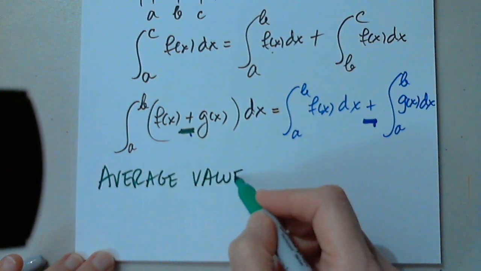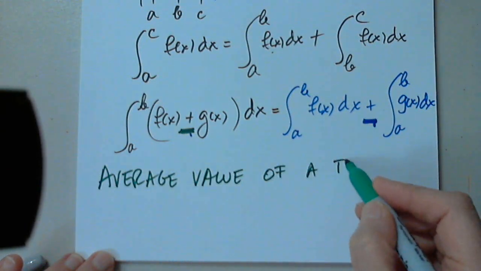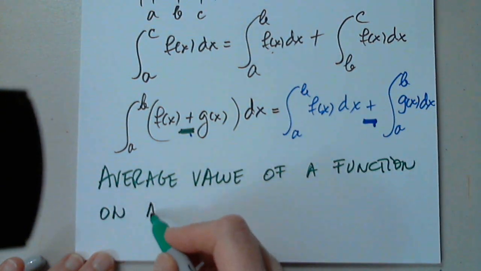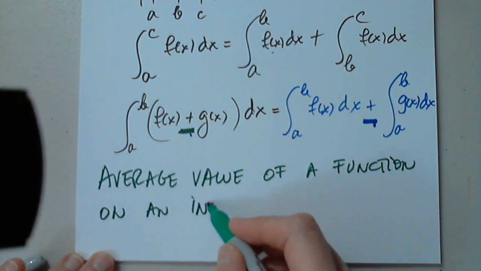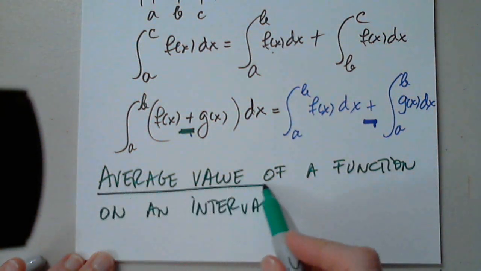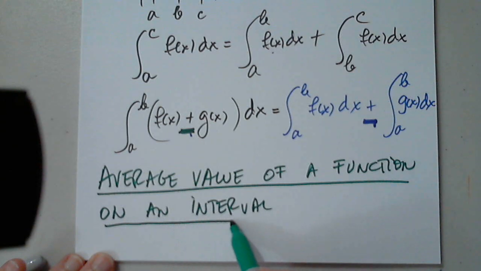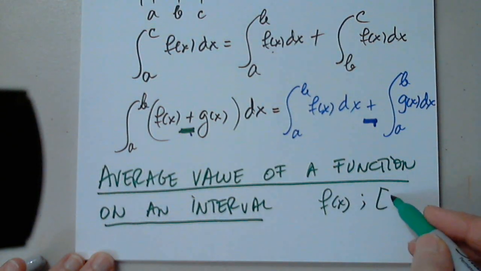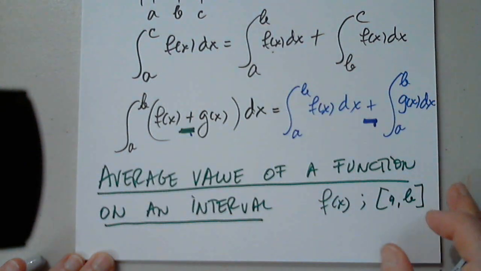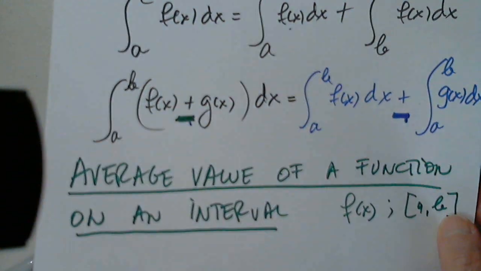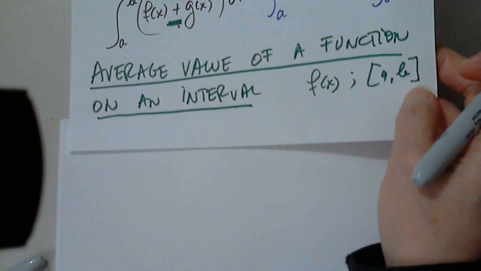Now, if we want to find the average value of a function on an interval, how do we find that? So let's say we have function f of x, and we have the interval a comma b. This is not the average rate, which is different.